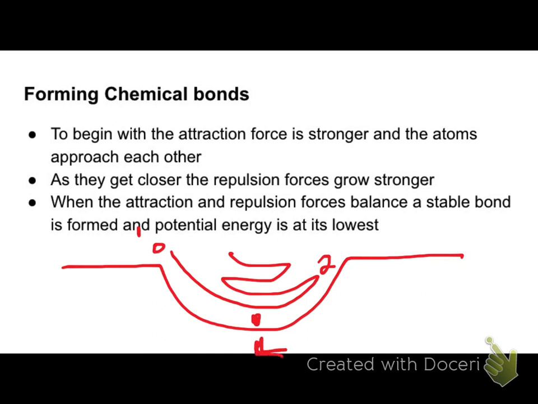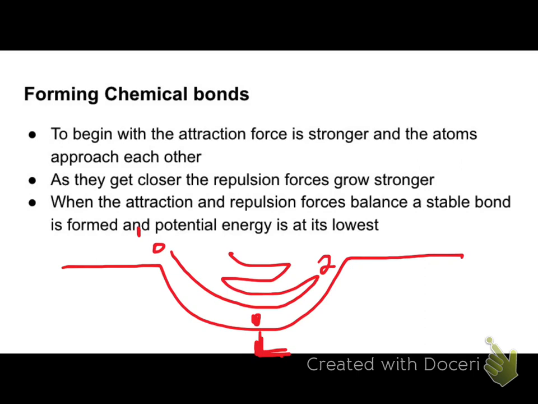So it's low there, but then those atoms get attracted to each other, and then there are these repulsion forces over here at the number 2, where those repulsion forces come into play, and the energy rises again. And then they push it back, and then the attraction pulls it in, and then they push it back, and the attraction pulls it in, and eventually they settle right here at the low, where the energy is the lowest, and that's when you get a stable bond.